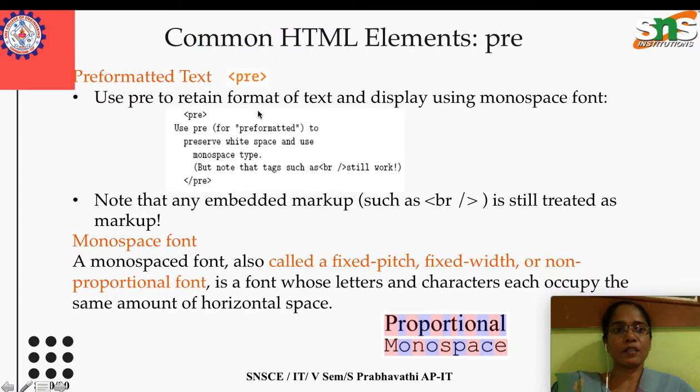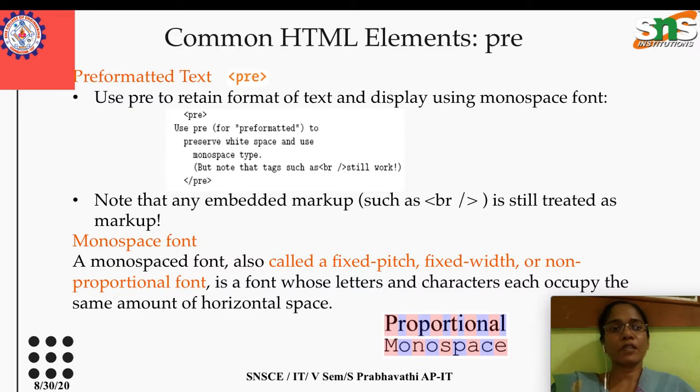And next is something about pre-formatted text. As I said earlier, if there is white space between the sentences or a paragraph, or n number of white spaces, everything will be trimmed and replaced with a single blank space. We have discussed this in the earlier topic.